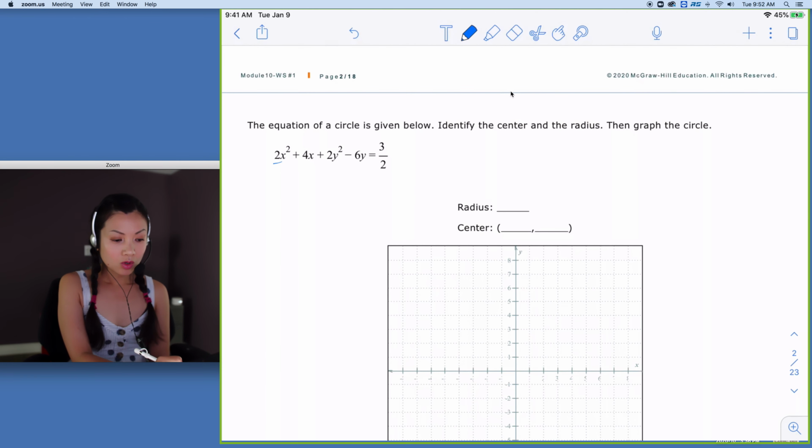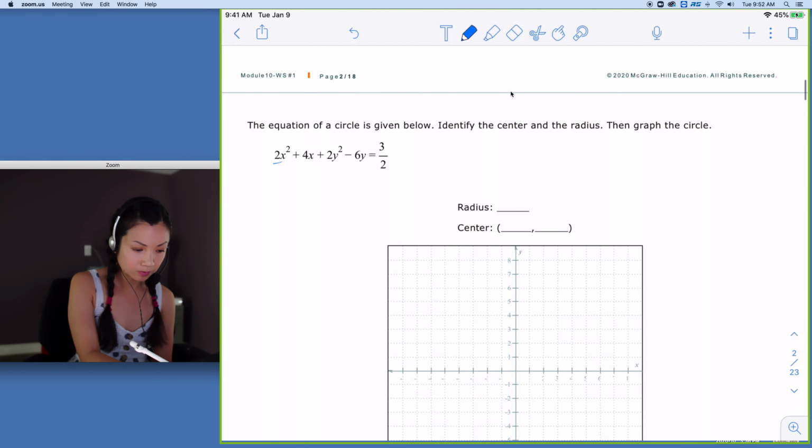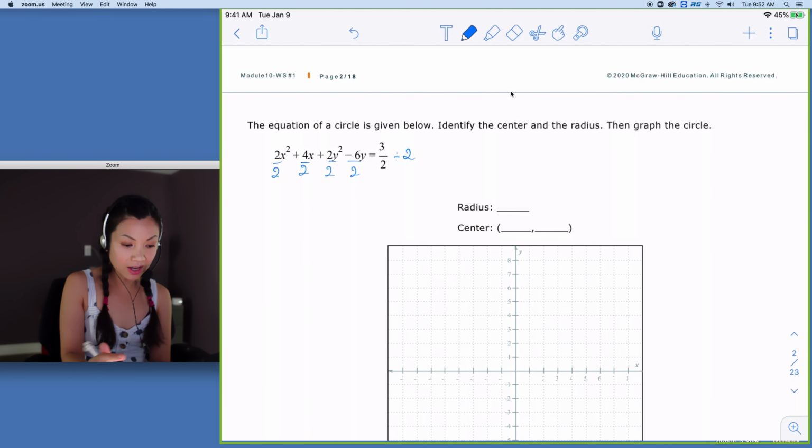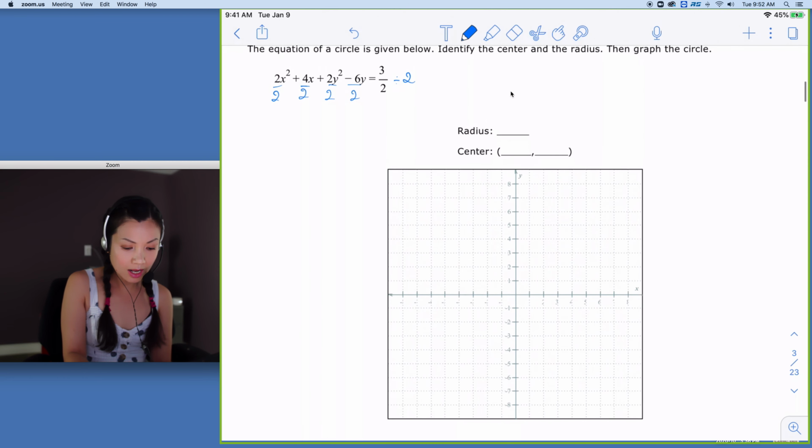So you cannot complete the square if you have a coefficient other than 1. So the first thing we need to do is go back and divide everything by 2. So I'm not changing the problem.